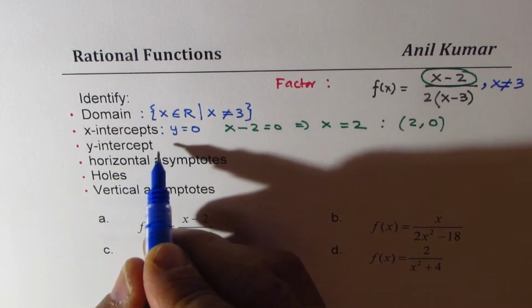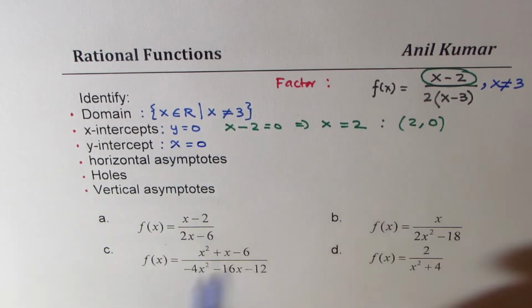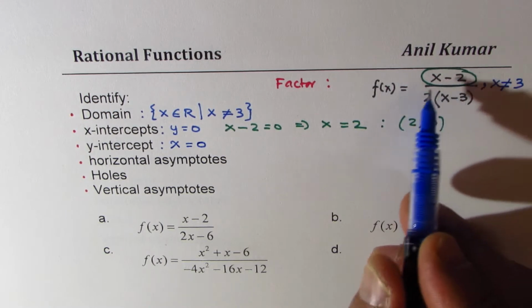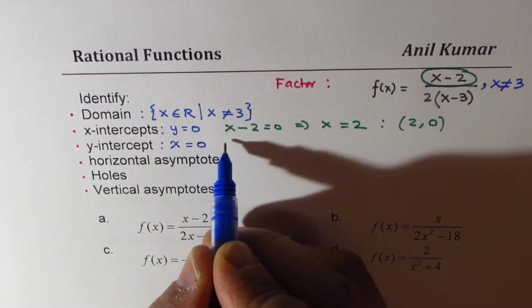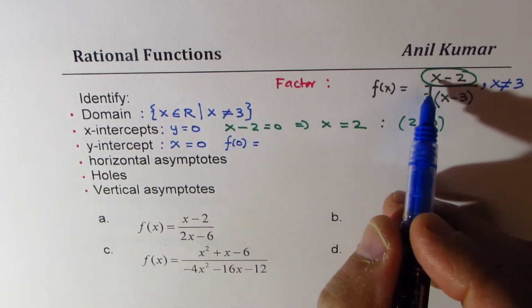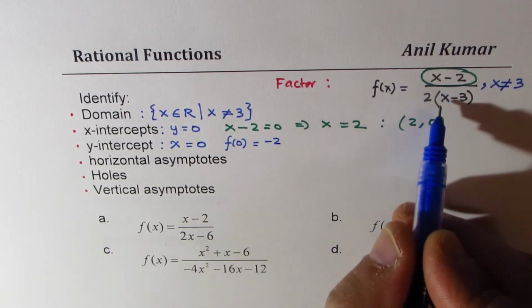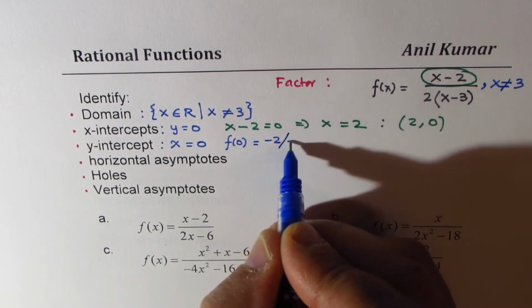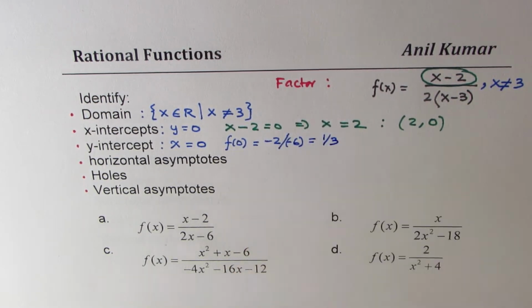For getting the y-intercept, you just substitute x equals 0. So if I write x equals 0 here, what do I get? That means you have to find what f of 0 equals. When I substitute 0 here, I get minus 2 in the numerator, and in the denominator I get minus 6. Minus 2 divided by minus 6 is 1 over 3.